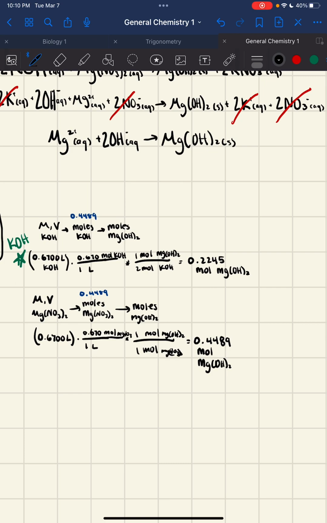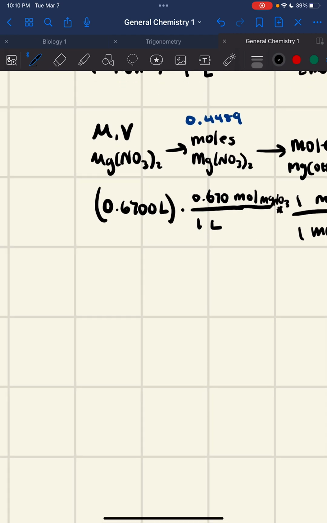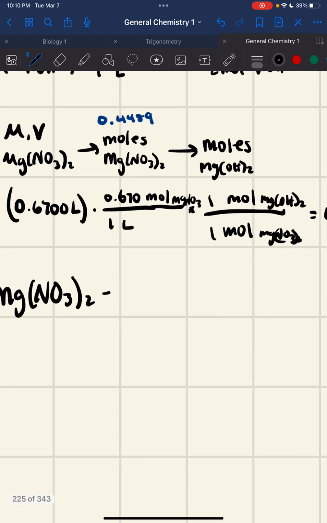Getting slow but steady. So now I'm going to take my moles of my magnesium nitrate and put it to my moles of Mg2+ to figure out eventually my molarity.